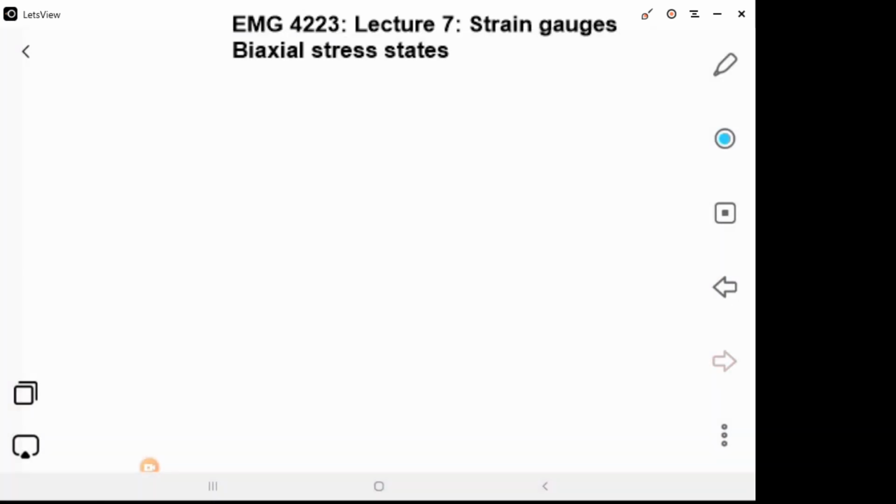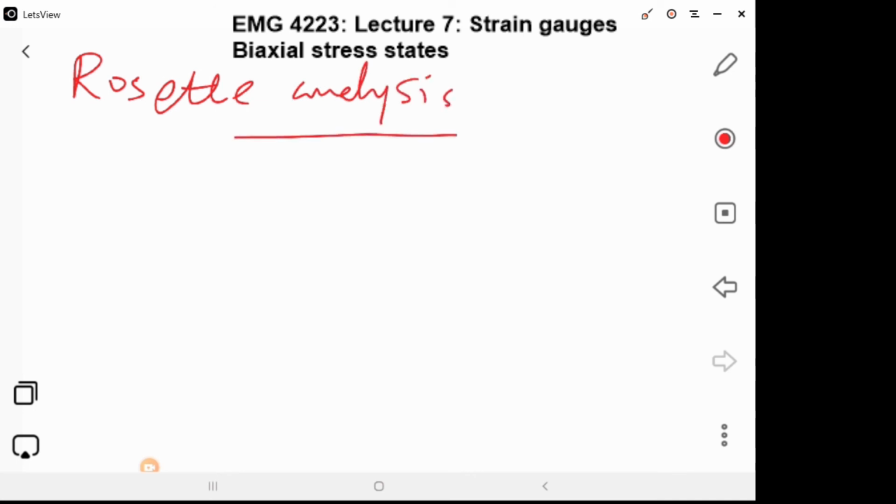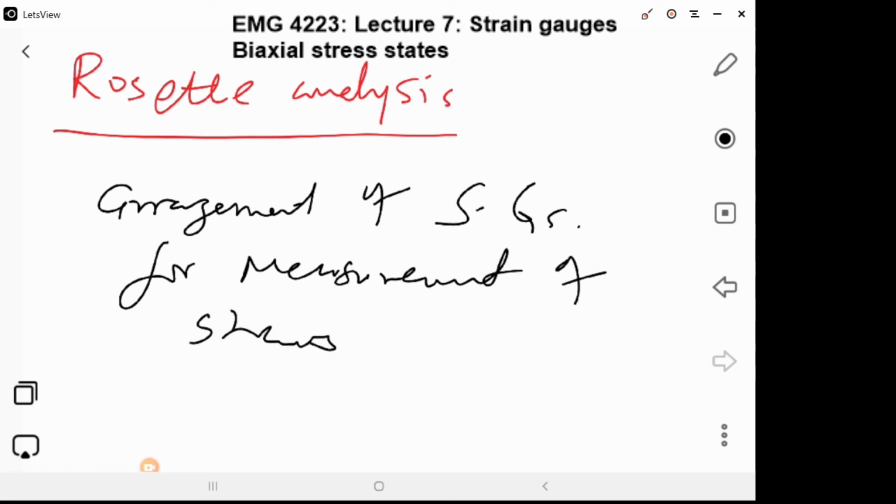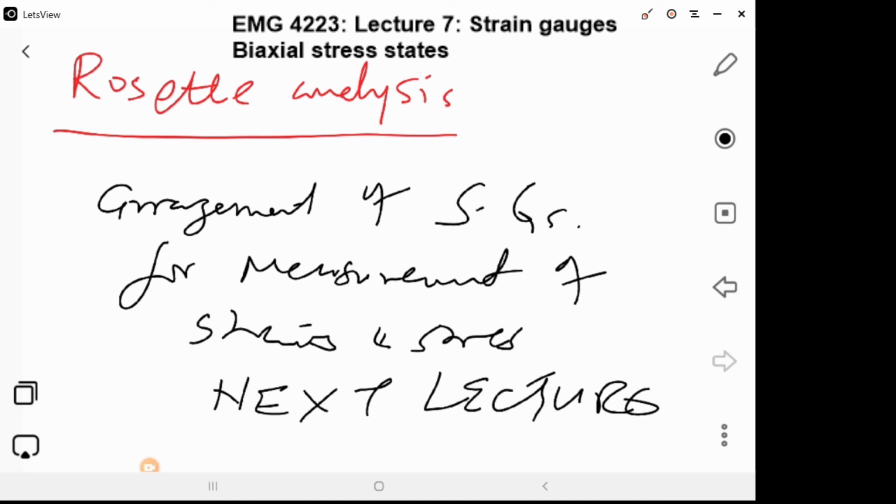Next, based on that concept, we shall introduce how we analyze rosettes. Rosette analysis is basically the arrangement of strain gauges for measurement of strains and stresses. That will be our next lecture. Thank you.